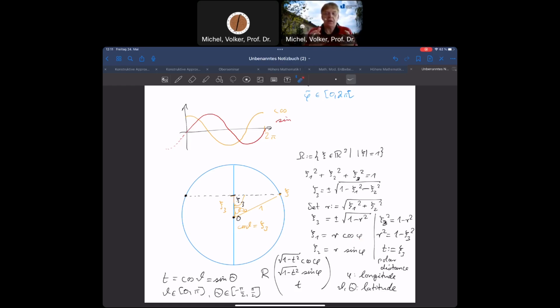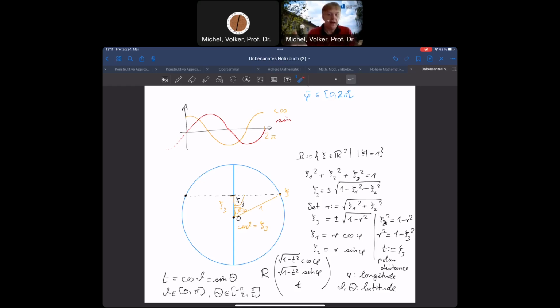That's not very surprising if you remember your geography lessons at school. If you were talking about longitudes, you were not talking about 0 to 360 degrees. You were talking about minus 180 degrees west to plus 180 degrees east, which is basically the minus pi to plus pi for the longitude phi.